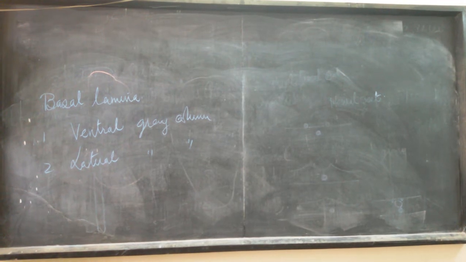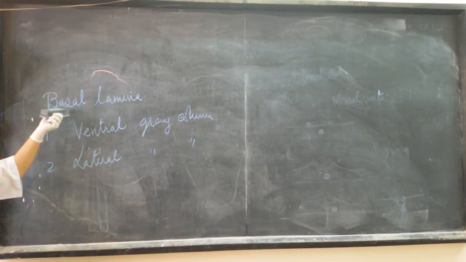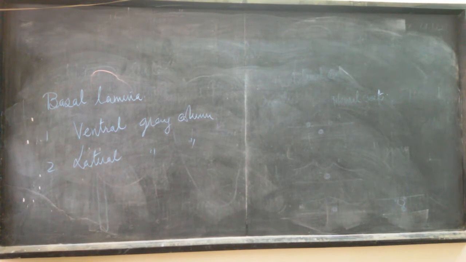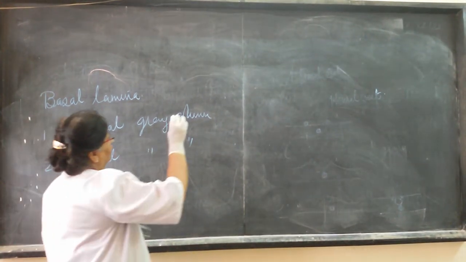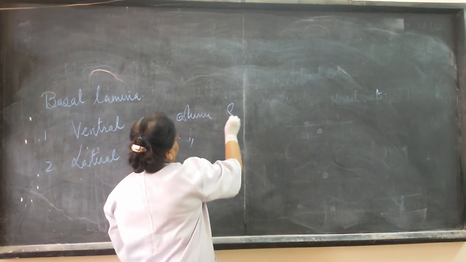I've told you that the basal lamina is motor in function. The ventral grey column, also known as somatic efferent column.